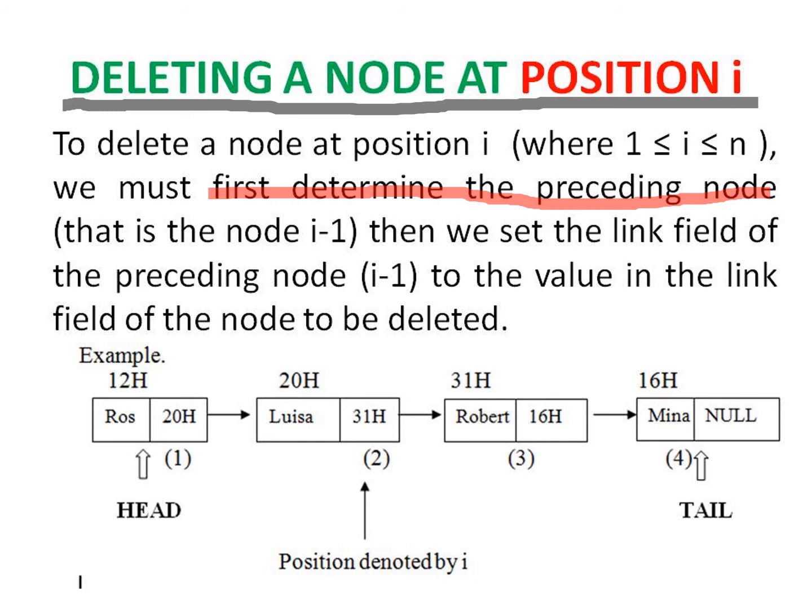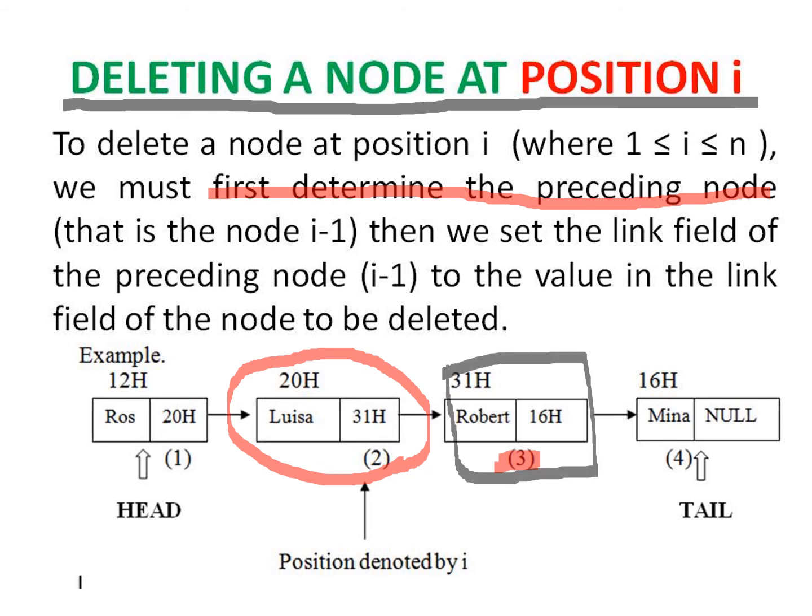So, let us say, if our I is 3, okay, we have to know the previous position. Okay? Why? Because if we want to delete this node, the node.link of the previous node should be the node.link of the node you want to delete. Okay?